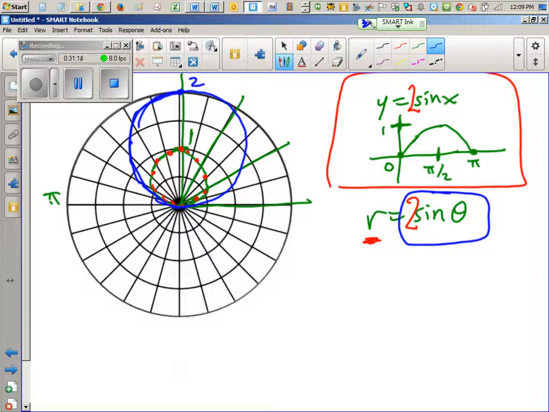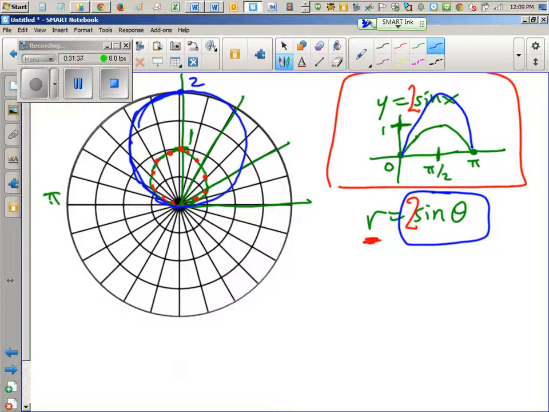And it happens at pi over 2 because the only difference between y equals sine x and y equals 2 sine x is the height of the graph. In other words, the radius is larger, but nothing about theta has changed at all. Or you could say each of these red points will double their distance along their respective ray and produce a larger circle.